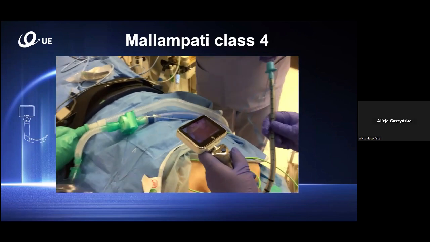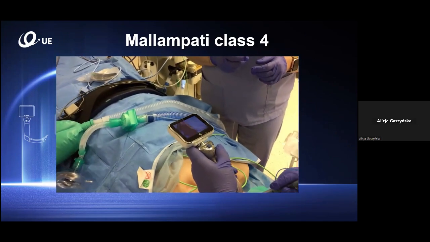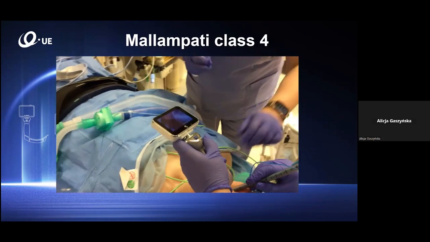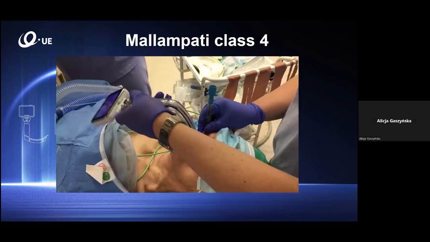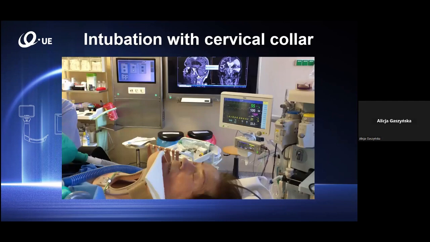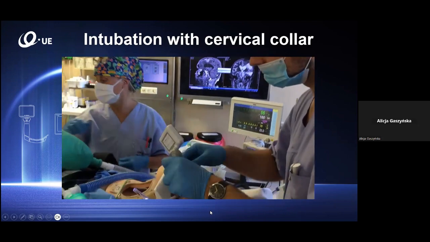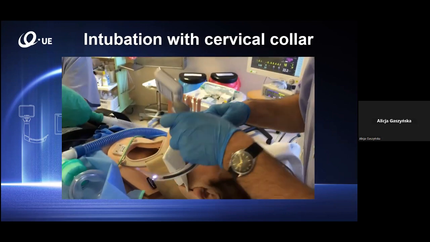But regarding the Mallampati score, I would be sure that if we used the standard Macintosh blade laryngoscope, it would not go so well.